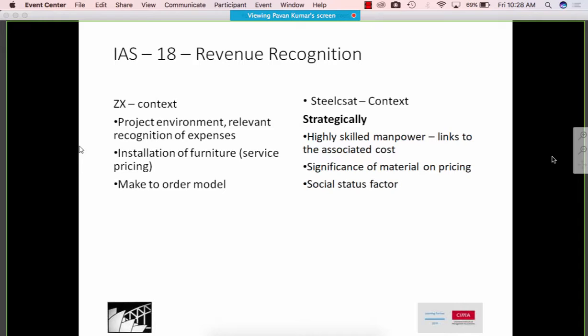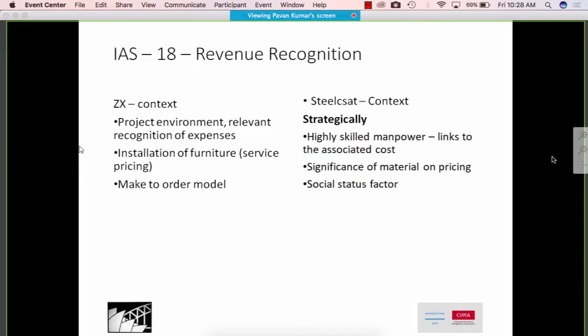Now, the other reason why we have identified IS 18 is because it also talks about installation of furniture as a part of the overall service delivery, wherein you have your service pricing coming into the picture.